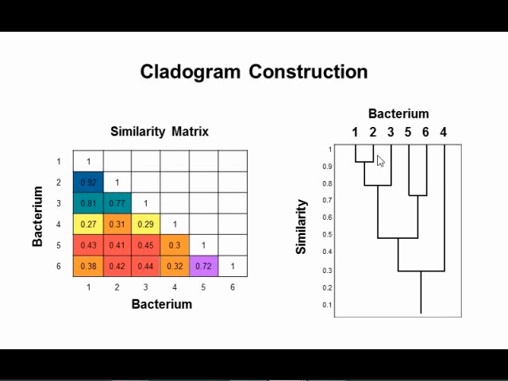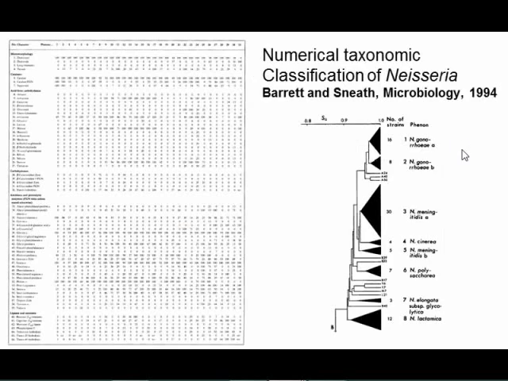You can see that taxon 4 is far away from everybody, so it's the one that's furthest out on this phylogram here. 1 and 2 are the closest together.